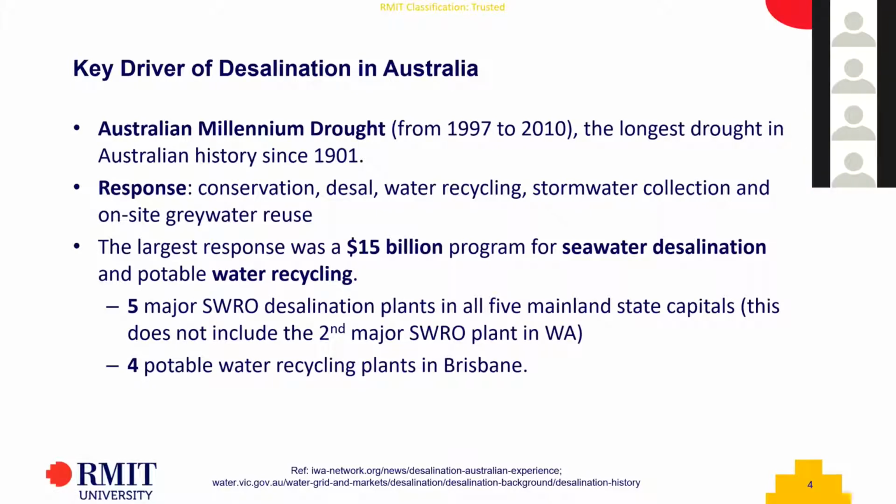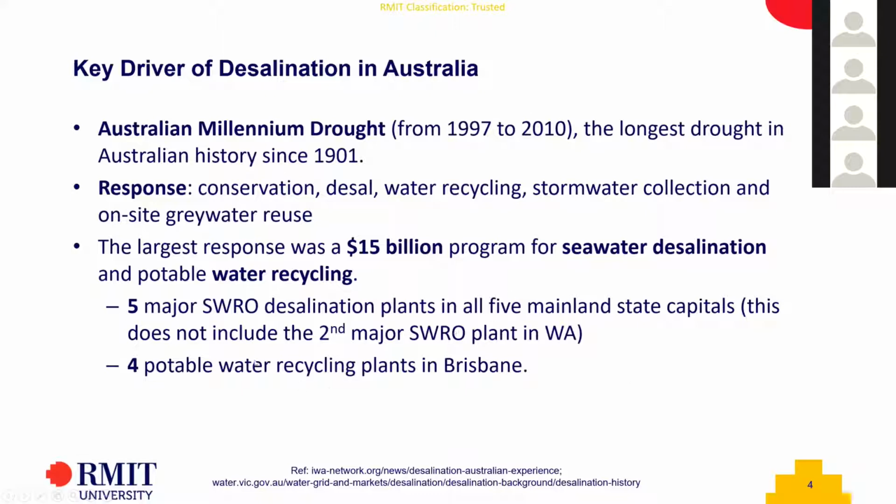Later on, I'm going to show you that map. Where are these plants and what are their capacities? These 5 major desalination plants do not include the second major seawater desalination plant built in WA, Western Australia.